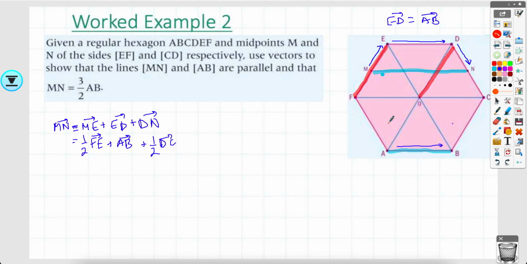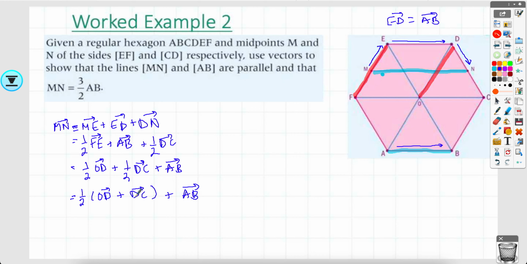So now we're going to use the center point. So I'm going to take half of OD. I'm just going to bring this half DC here plus AB. And then I can take a factor of a half out. So I'm left with OD plus DC plus AB.